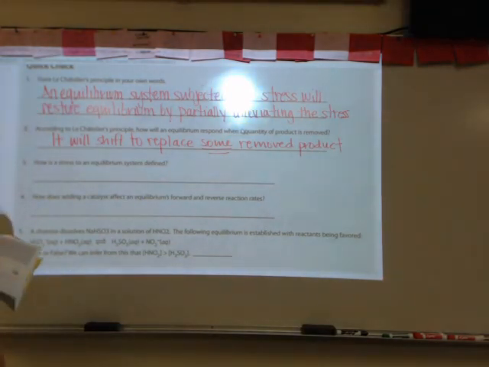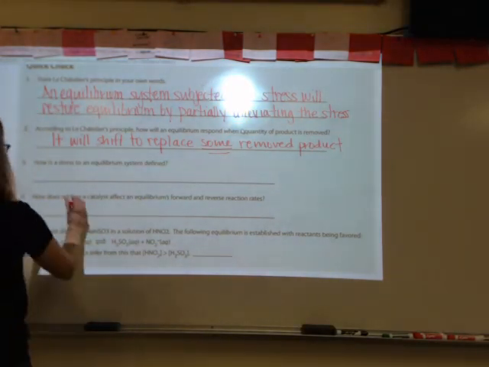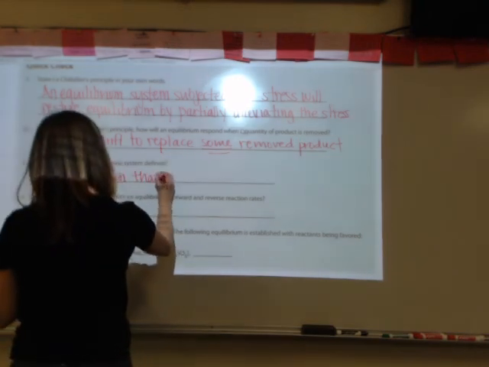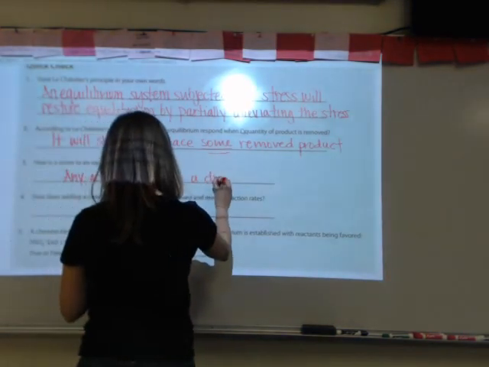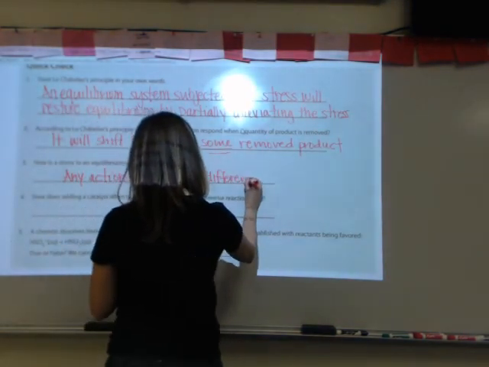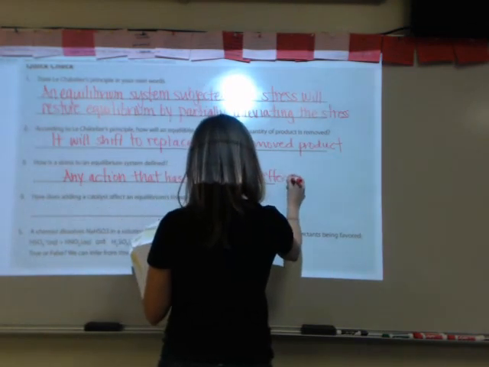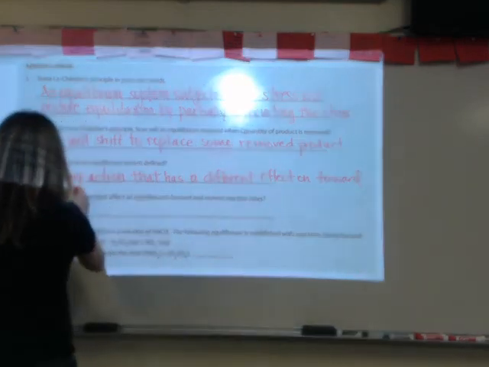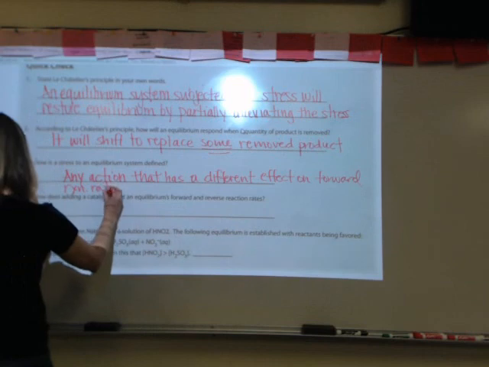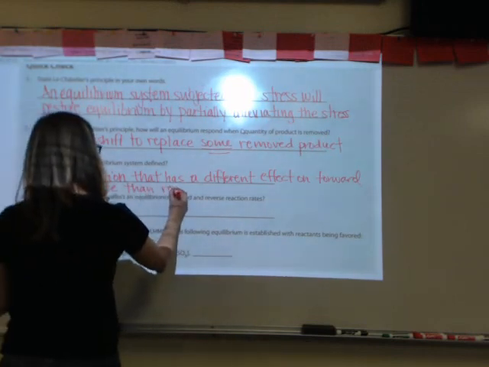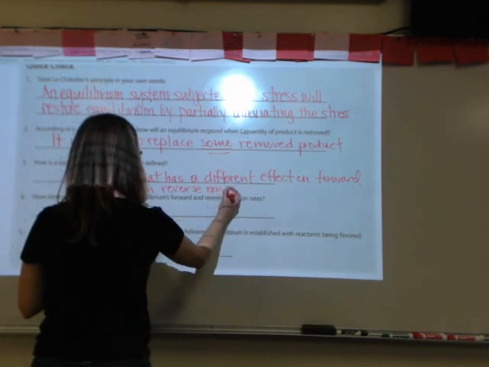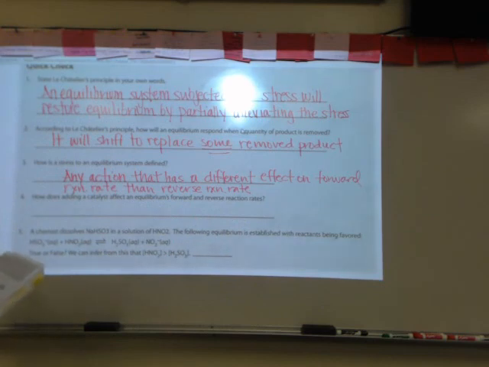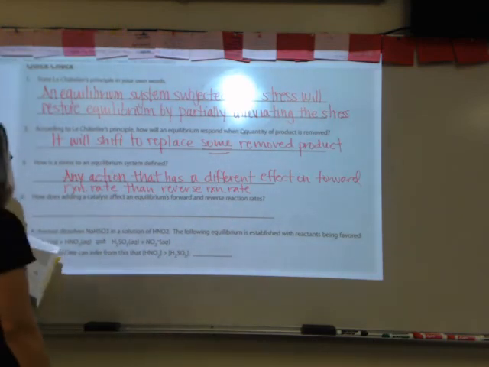Number 3, how is a stress to an equilibrium system defined? That would be any action that has a different effect on the forward reaction rate than the reverse reaction rate. Number 4, how does adding a catalyst affect an equilibrium's forward and reverse reaction rates?